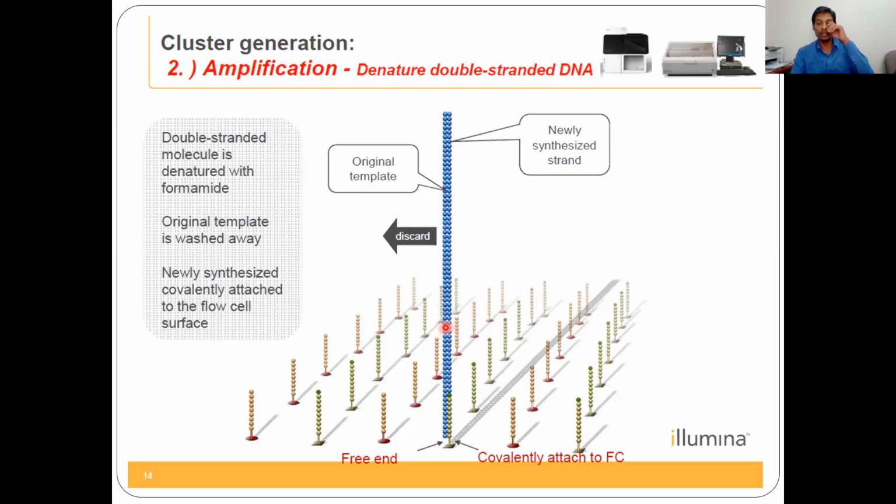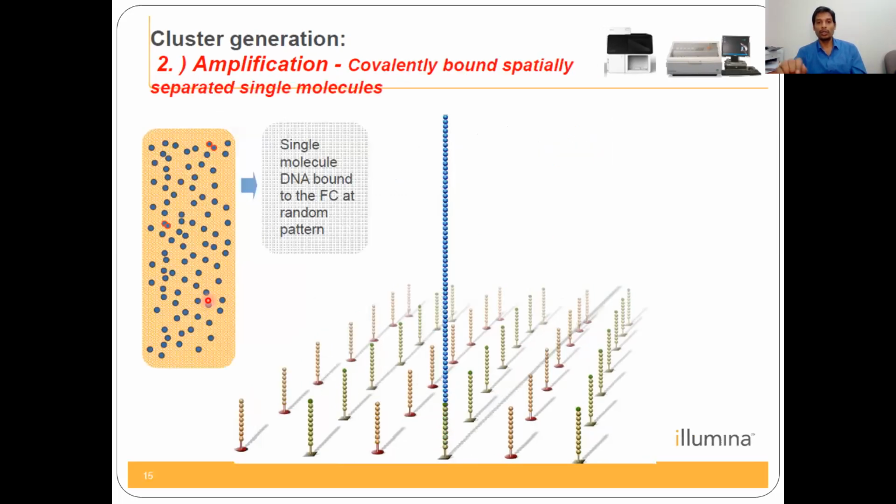Once you disturb the hydrogen bonds, the original one will be washed off. Then only the newly synthesized one will be covalently attached to the flow cell.